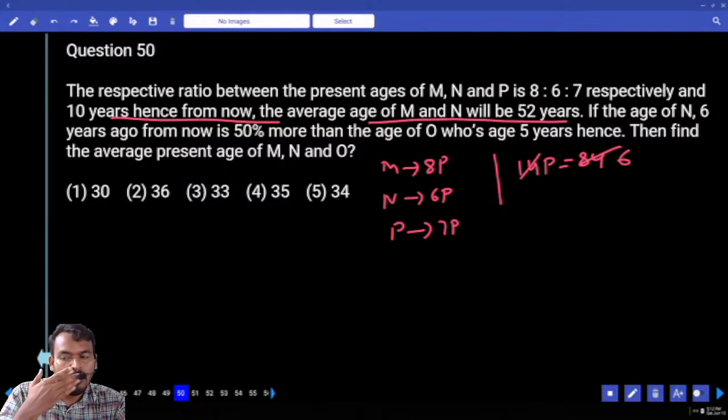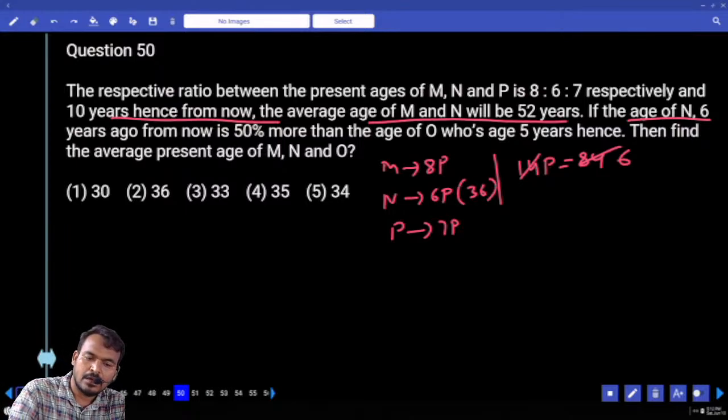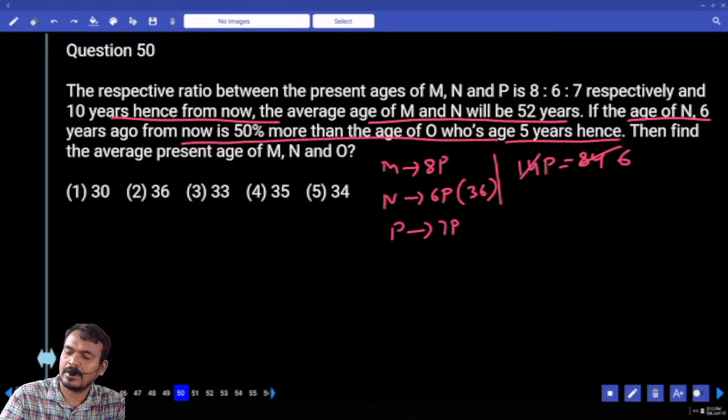Then the age of N. N is how many parts? 6 parts. What is the 6 parts value? 36. That was 50% more than O, whose age is 5 years hence. N's present value is 36. 6 years back means 30 years. The age of N 6 years ago is 30.